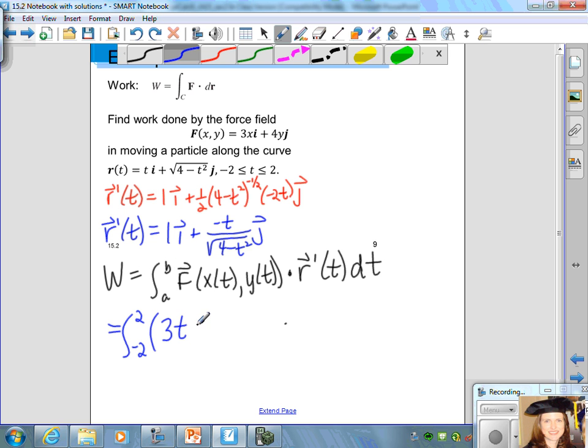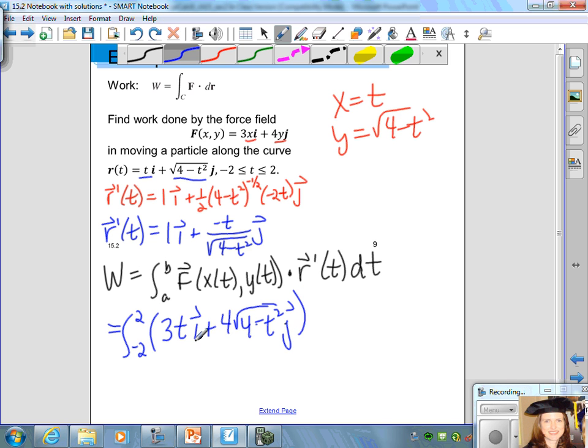So that's 3ti plus 4 times your y. Again, you can look at the path and make the substitutions: x equals t and y equals the square root of 4 minus t squared. And that's what I'm plugging into this vector field. So that's going to be 3ti plus 4 square root of 4 minus t squared j.